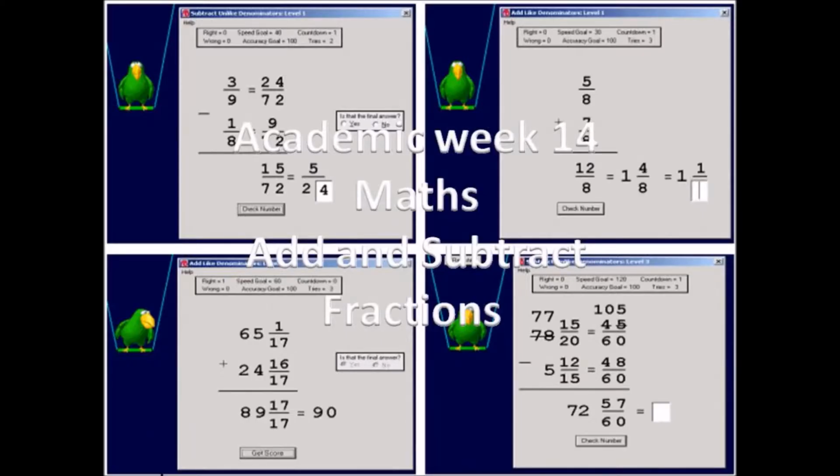Academic Week 14, Maths, Add and Subtract Fractions.